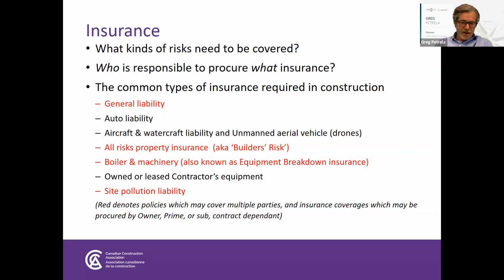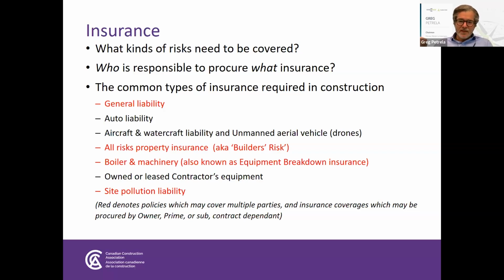And those that are highlighted in red are coverages which, first of all, can be purchased or procured by various parties denoted by the contract. And there are also coverages that can be purchased for a lone participant, such as a subcontractor or the prime contractor or the owner, or it could be the kind of coverage that can be procured for a collection of contractors and subcontractors, including the owner, for instance, on one policy.